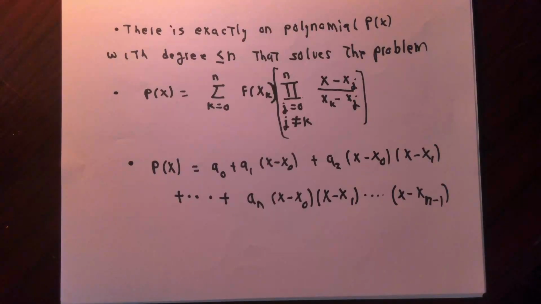We also discovered that a0 is the polynomial of degree 0 that interpolates the data set only at x0. a1 is the lead coefficient of the interpolating polynomial that interpolates at x1 and x0. a2 is the lead coefficient of the polynomial that interpolates the function at x2, x1, and x0, and so on and so forth.